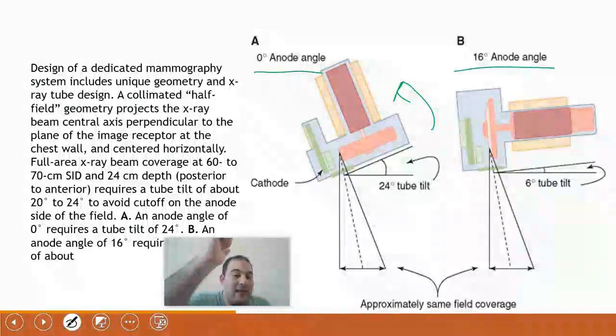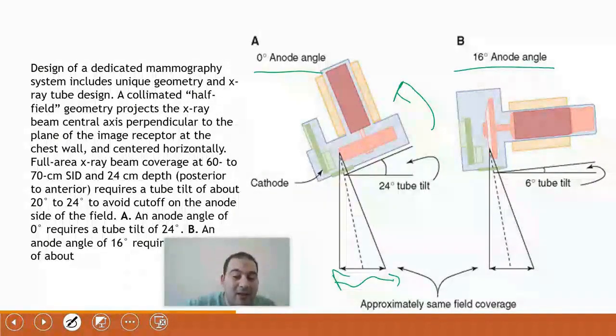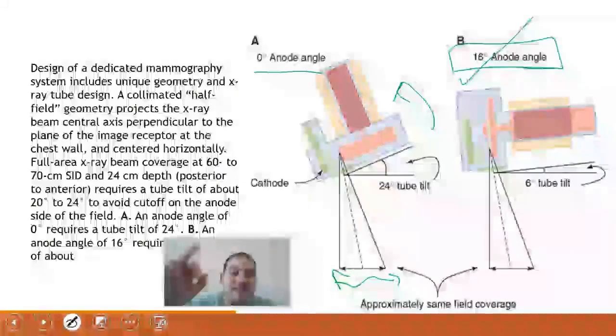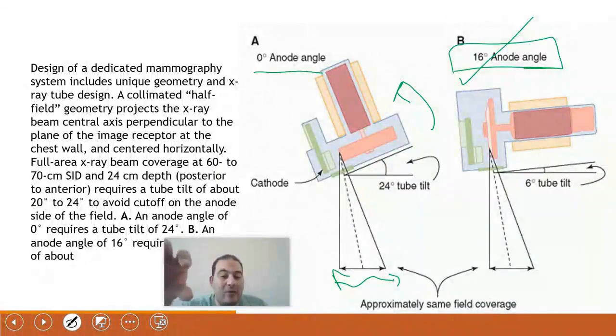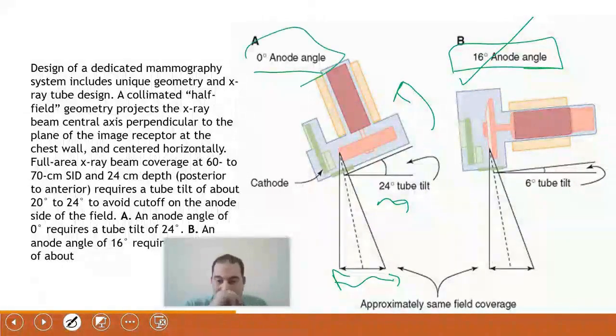using a certain angle provided you with very suitable field coverage, as if you had used an anode angle of, for example, 16 degrees. Thus, at that time, you achieved a tilt of 24 degrees with a zero anode angle. So here, if you set your angle to 16 and the tube's tilting to 6 degrees with the same field coverage, you have overcome this problem.